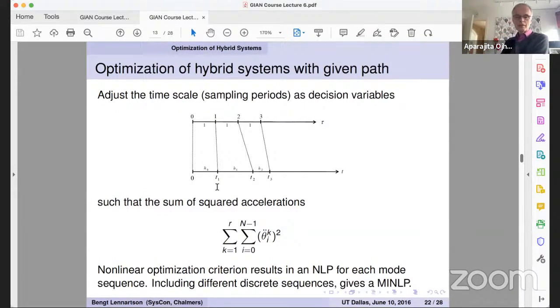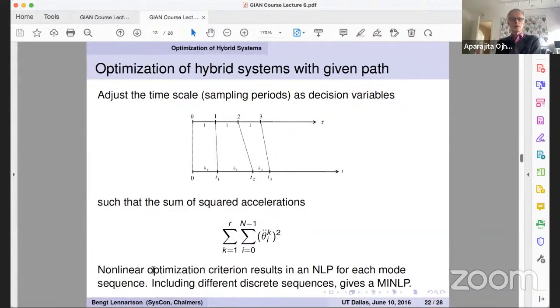And then we sum up the square of the acceleration as a simple criterion, such that the sum of squared accelerations for all 6 axes were minimized. Okay, there could be some weighting factors between the different axes and so on.